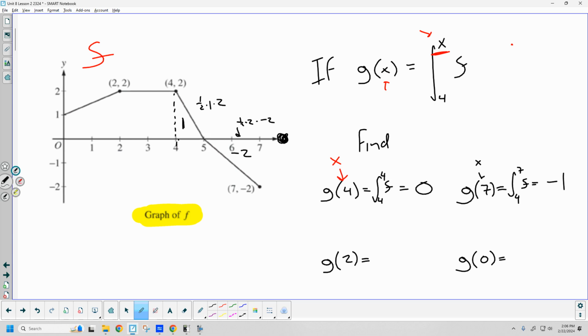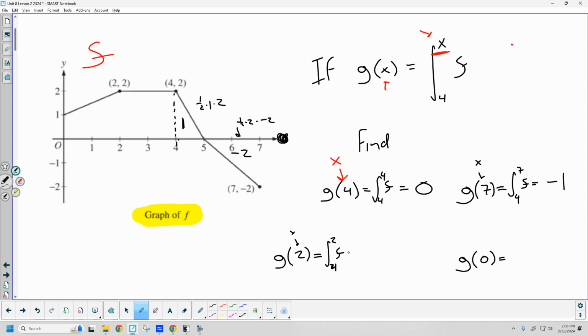Now, I'm going to do G of 2. You're going to do G of 0 if you haven't done it already. If I were to plug in 2 for X, I'd go from 4 to 2 of F. Here is my large hint.